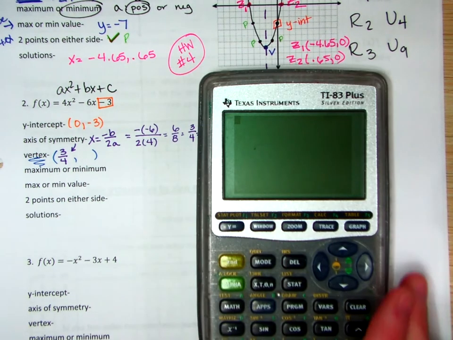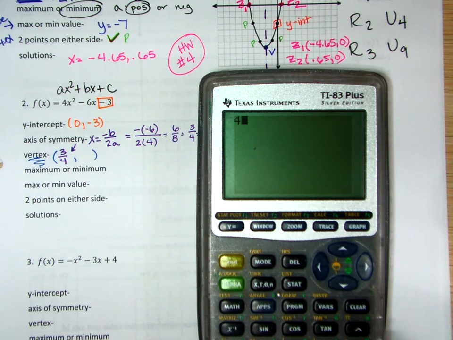I'm going to use 4(3/4)^2 minus 6(3/4) minus 3. This has a fraction, so I'm going to go math, frac, 1, enter. And then I'm going to also give it as a decimal so I know what to graph. So negative 5.25.